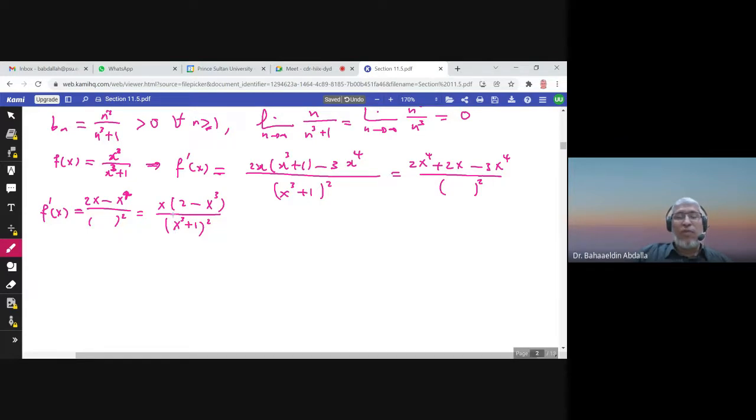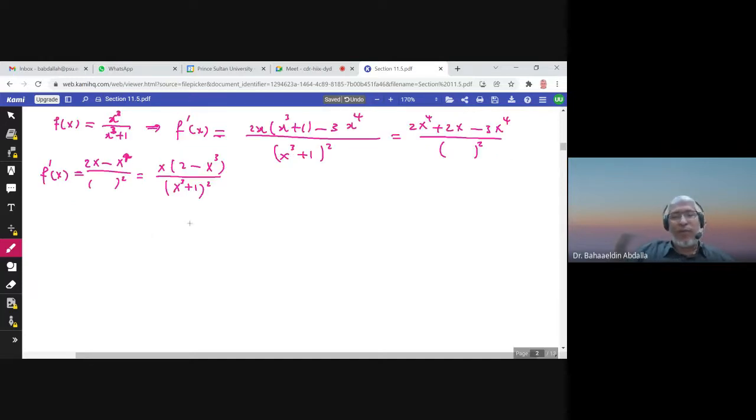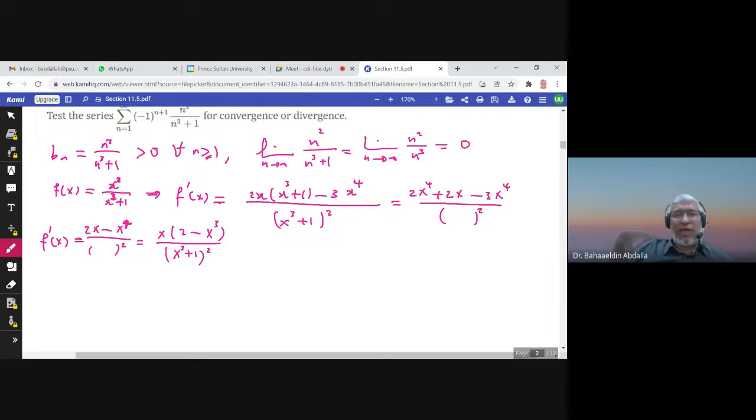Now we need to discuss where f prime is positive and where f prime is negative. And to do that, we need to find the zeros of f prime. Notice that the denominator is always positive, and the zero of the denominator is negative 1. But I'm interested when x is greater than or equal to 1, because n starts from 1.